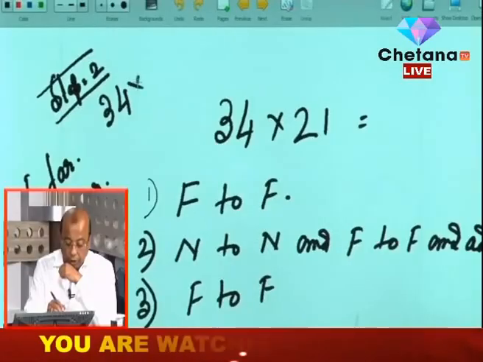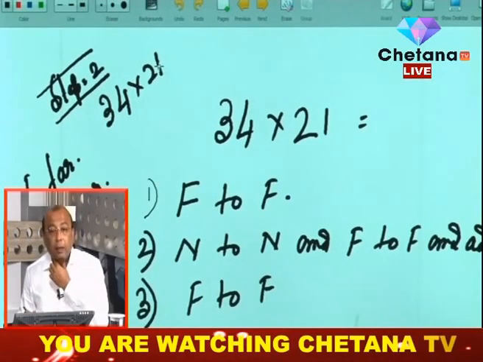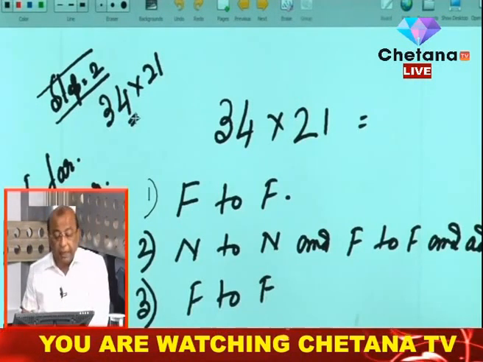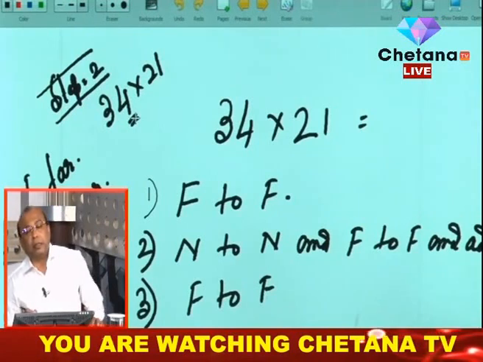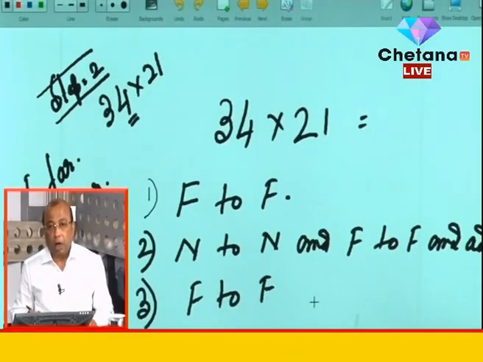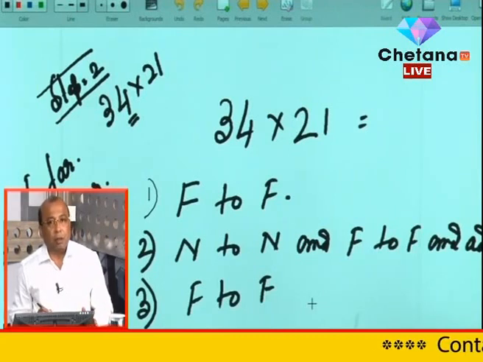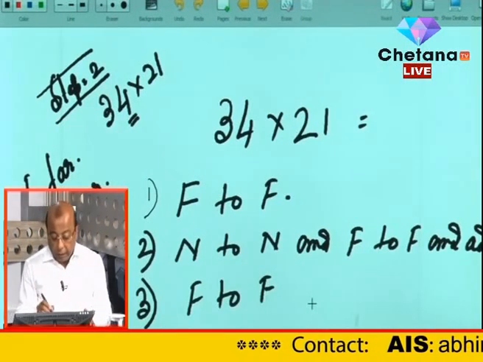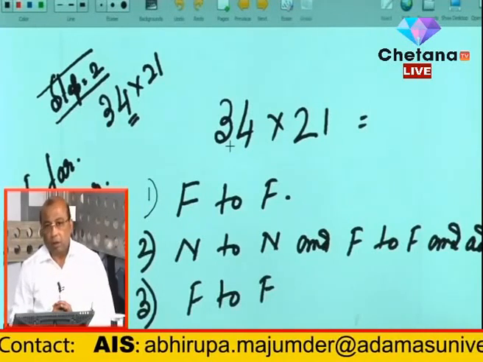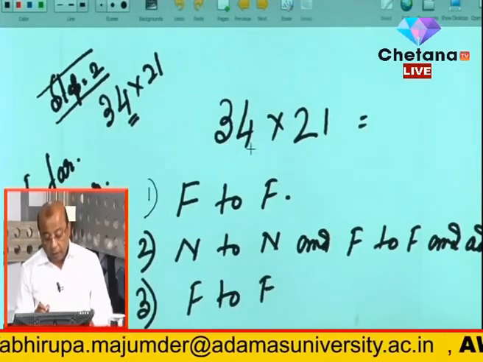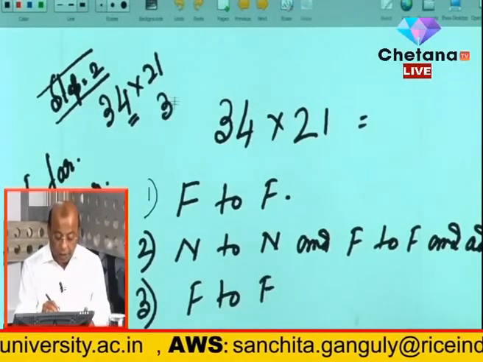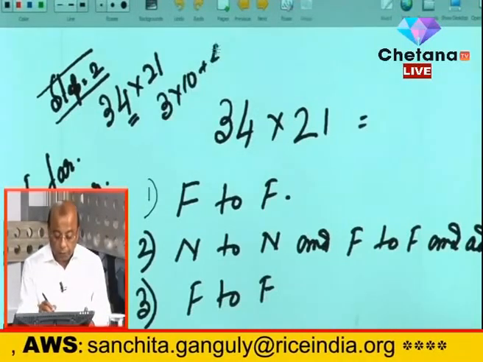34 into 21, right? The number in the digit place of the extreme left number will be the starting point, which is 34. If we consider 34, what is the digit place? That is the unit place, 34, that is 3 into 10 plus 4.